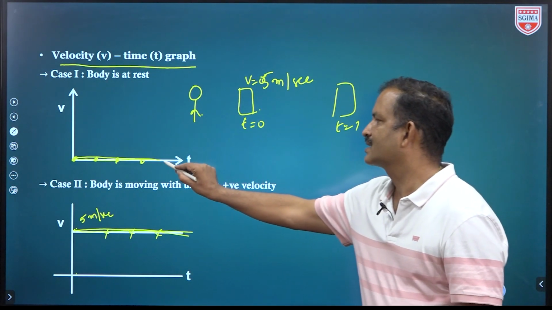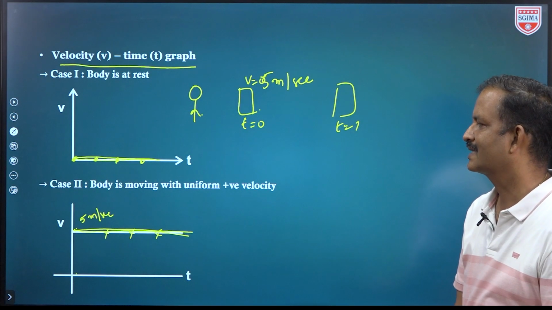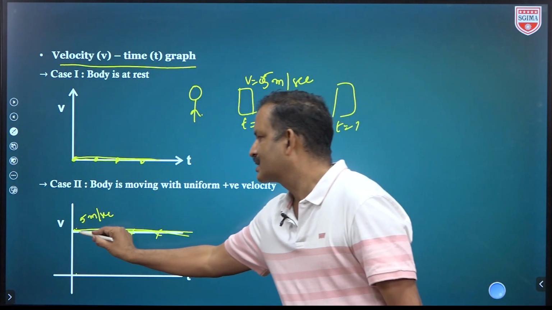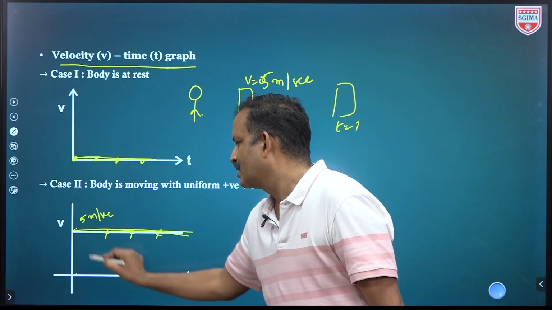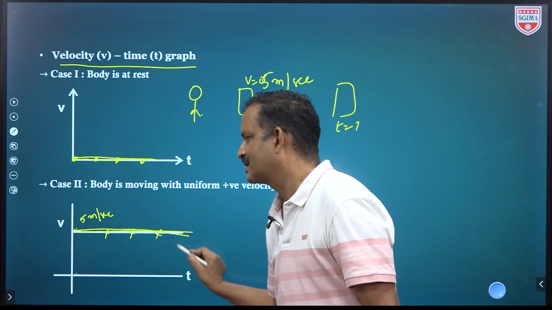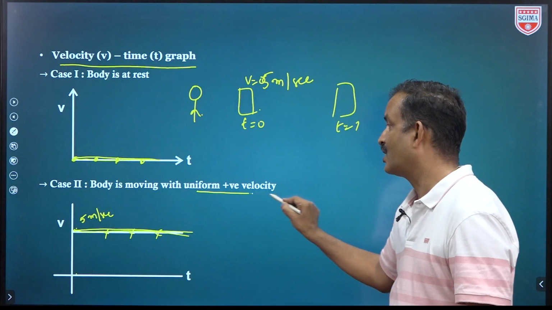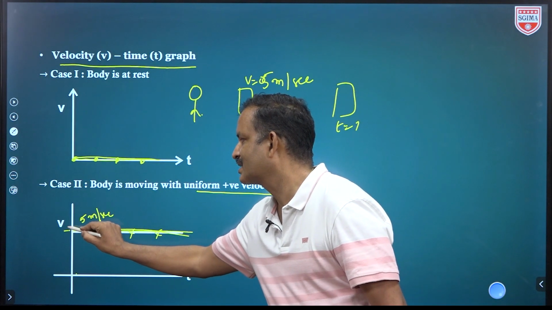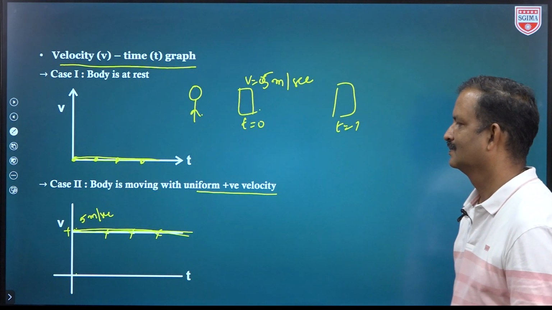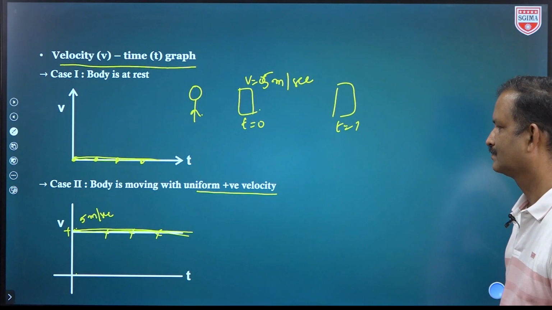For a body at rest, the velocity time graph is nothing but the x-axis. If the body has some velocity, it is parallel to the time axis. So the body is moving with uniform positive velocity.